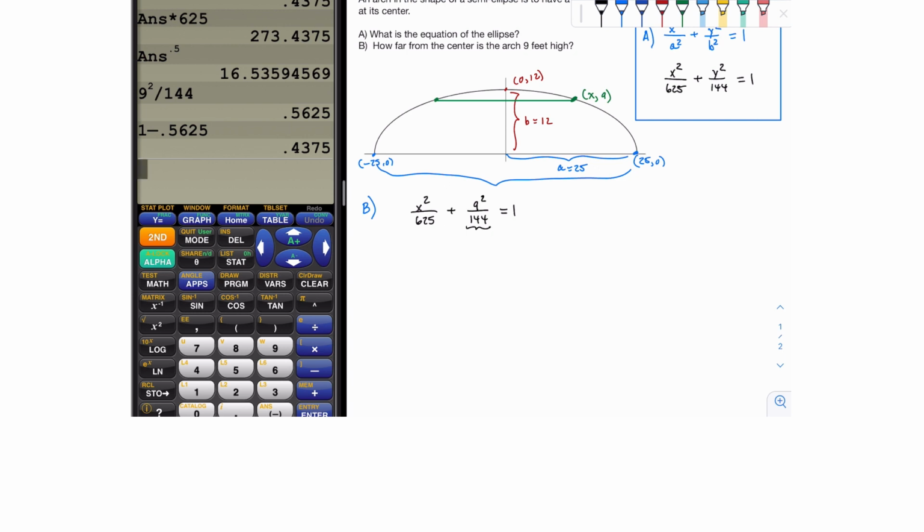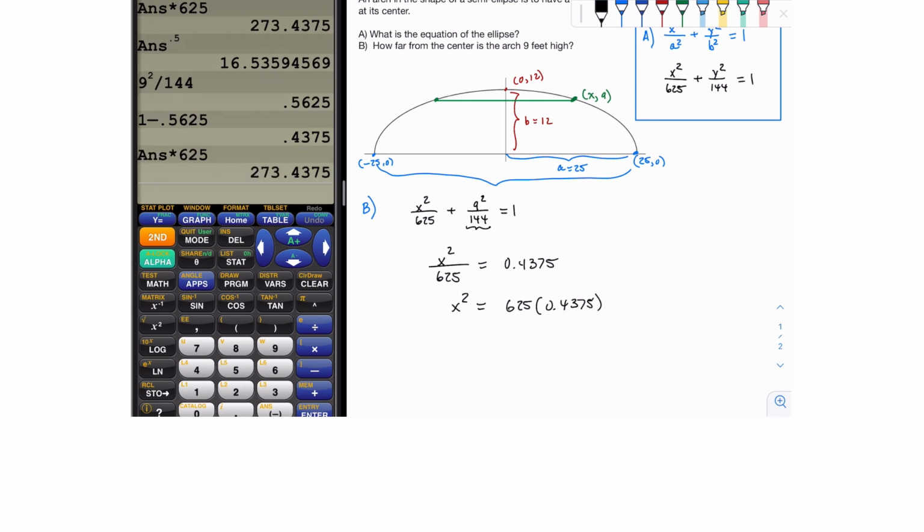So at this point we have x squared over 625 equals 0.4375, which means x squared is equal to 625 times 0.4375. If I multiply that by 625, that is the right-hand side, 273.4375.